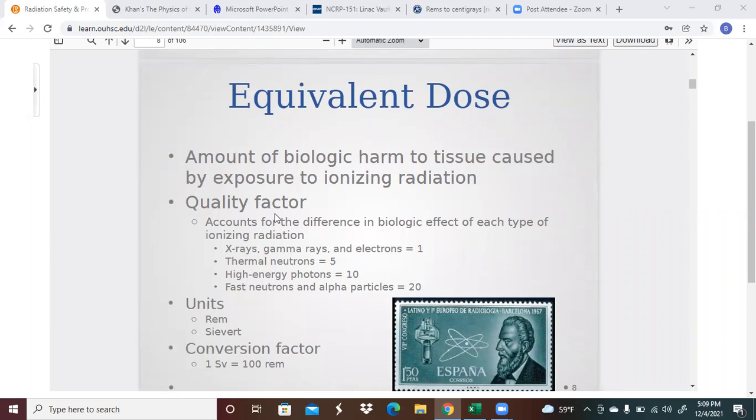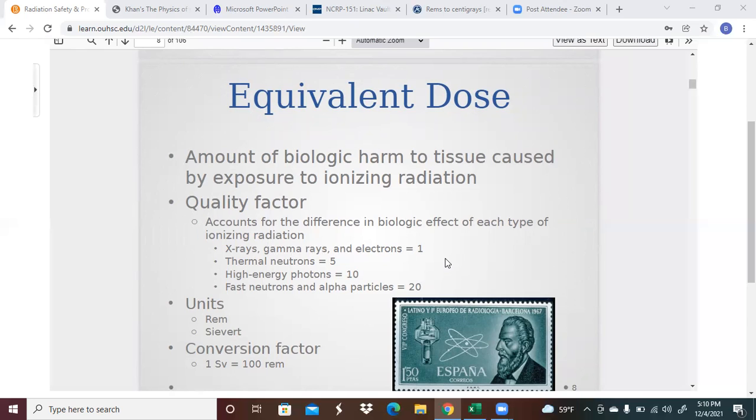The equivalent dose is going to be the amount of biologic harm to tissue caused by exposure to ionizing radiation. So each different type of radiation is going to be given a quality factor based on the amount of biologic harm that it does. X-rays, gamma rays, and electrons are going to be given a factor of 1.